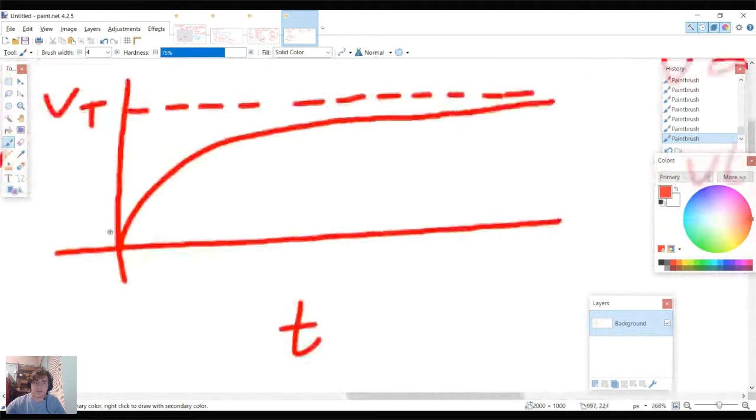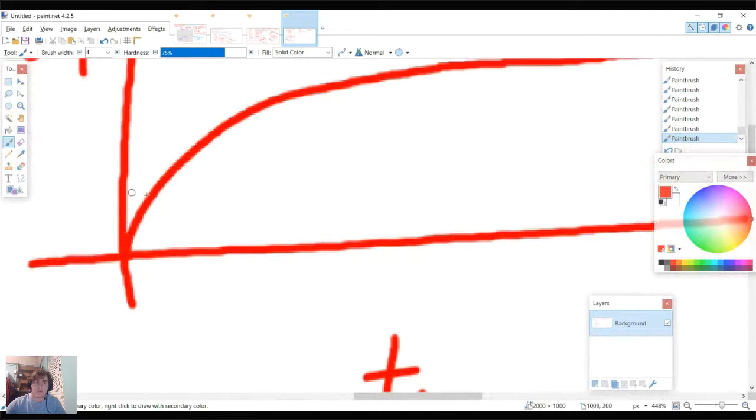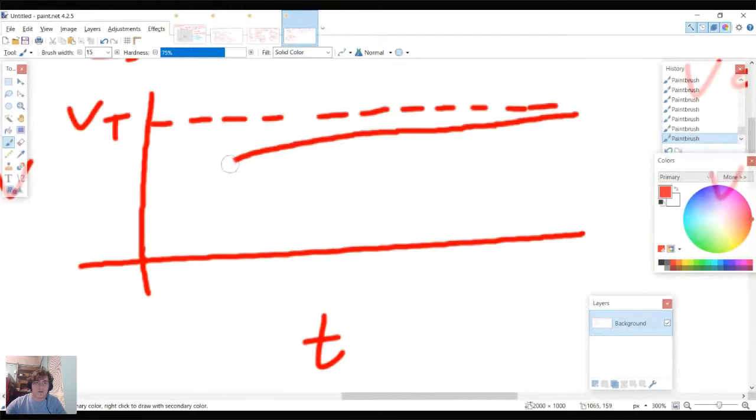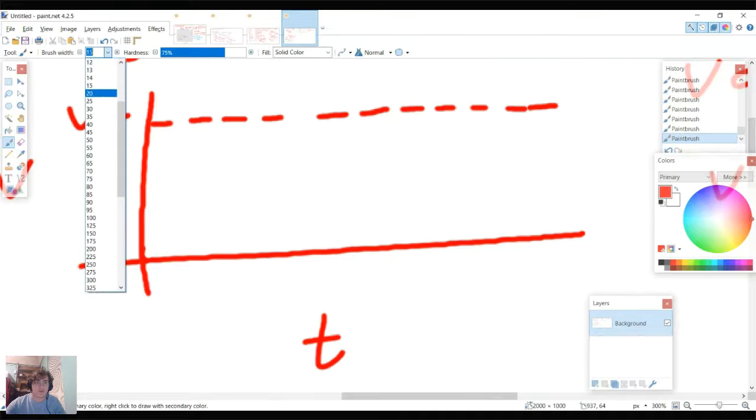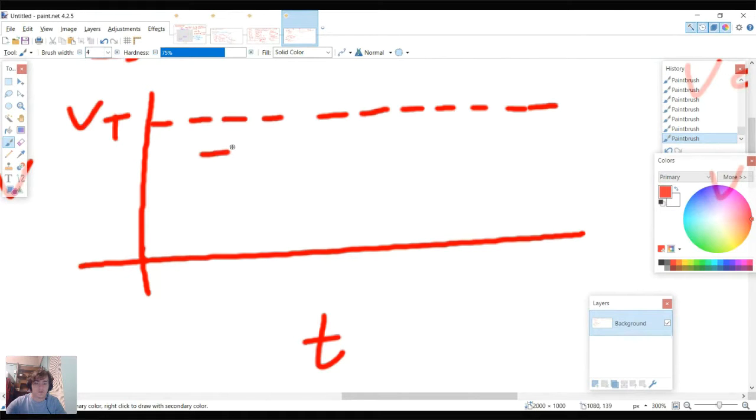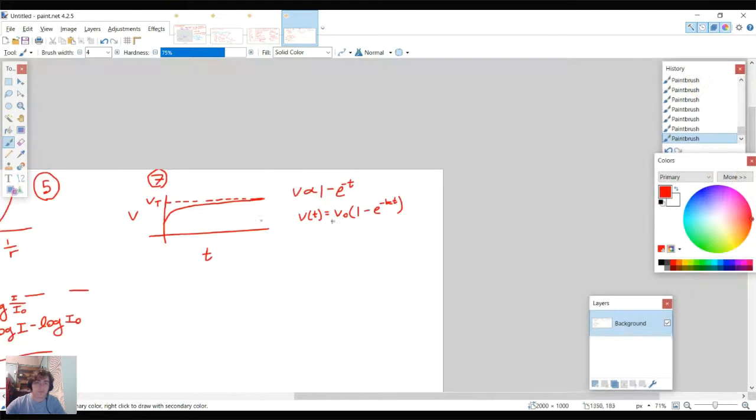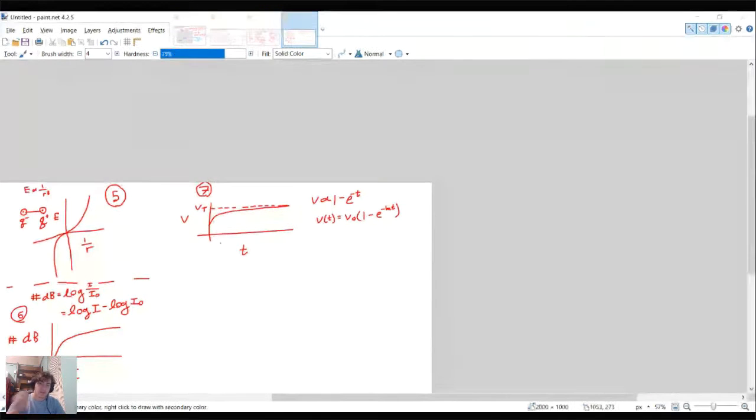And this actually wouldn't start at 0. This would start here. I'll redraw it. This would look better redrawn because it actually better fits the model. Start here and then go like that. You would reach some limit. That limit is the terminal velocity in this case.